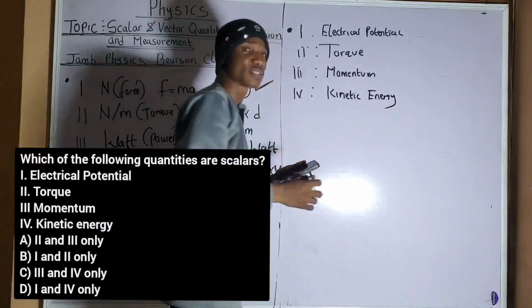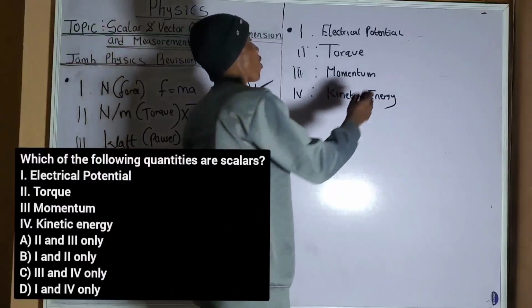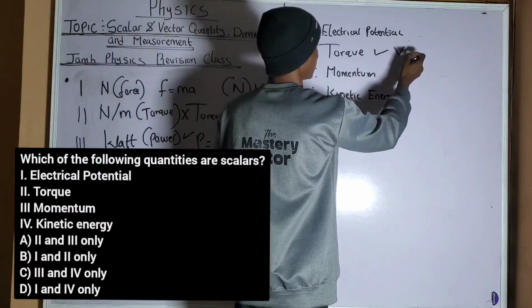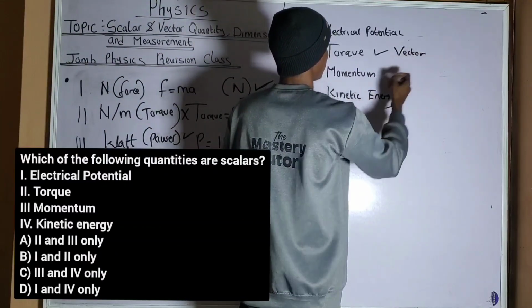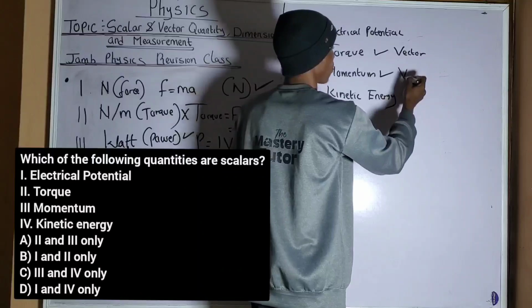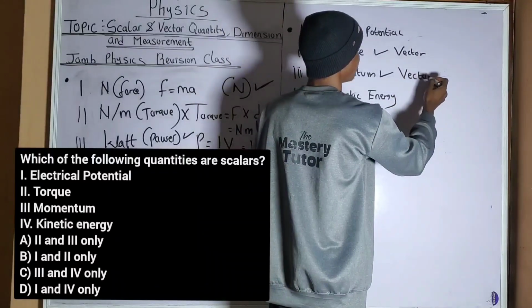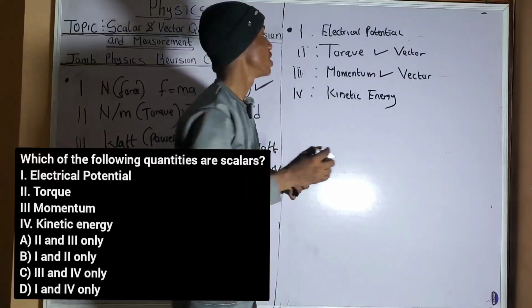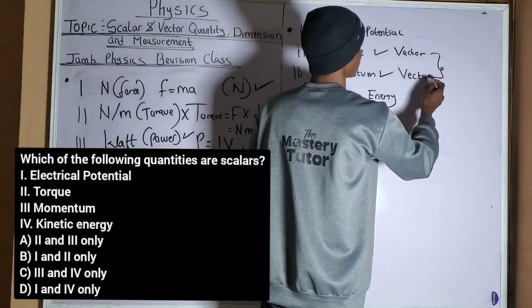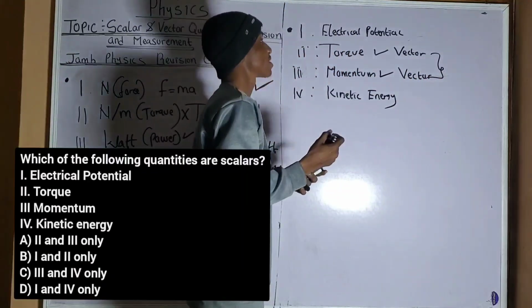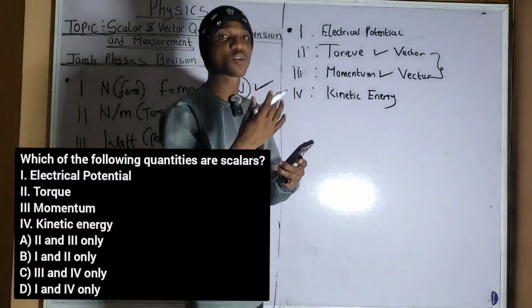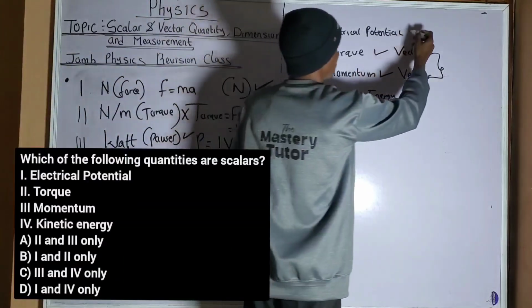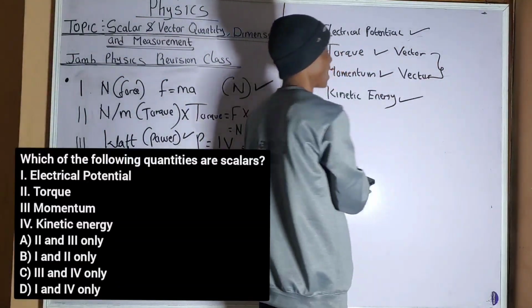Now, among these, listen to me carefully. Among these, torque is a vector quantity. Also, momentum is a vector quantity because both of them have magnitude and they also have direction. Do you understand? So, this and this are vector quantities. Now, the scalar quantities among these are the electric potential and kinetic energy.